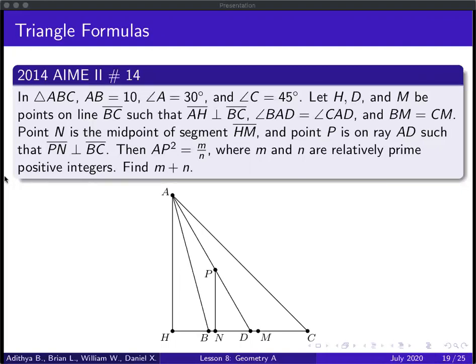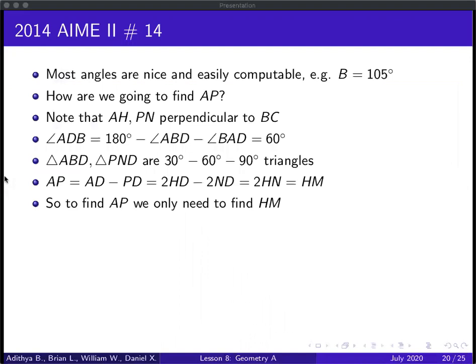Let's jump back to finding HM. So we can split HM into BH plus BM, and we do this because it's easier to compute each of these individual lengths.